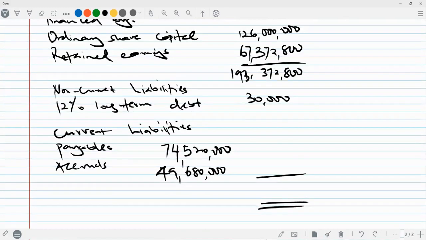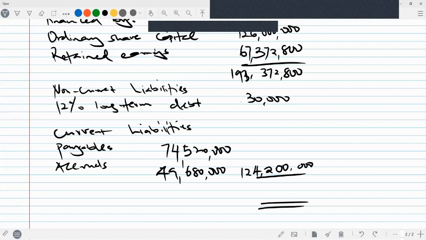Current liabilities of this company is how much? $184,200. Yes, okay, 124,230.